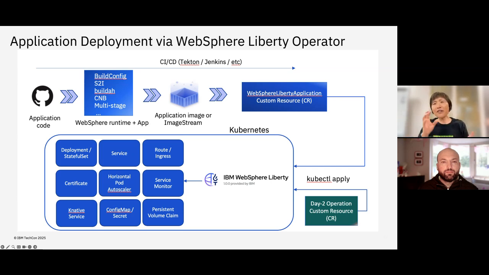After you have this image, you directly create the deployment YAML file using the Liberty operator. The Liberty operator offers all these capabilities, and you do not need to worry about any of them. You get these capabilities out of the box from the Liberty operator.